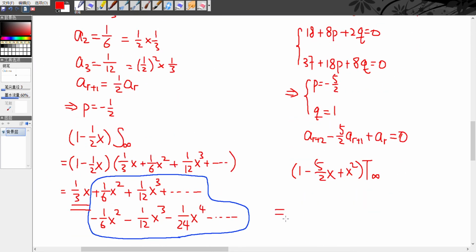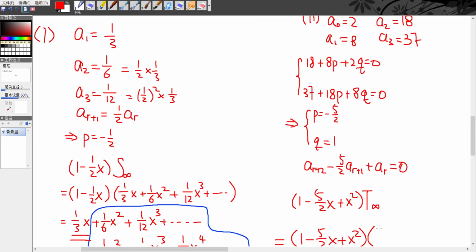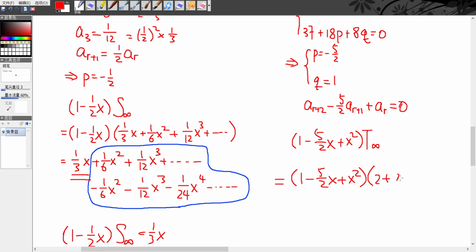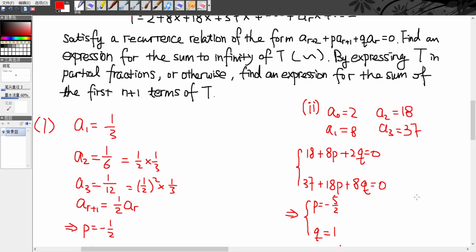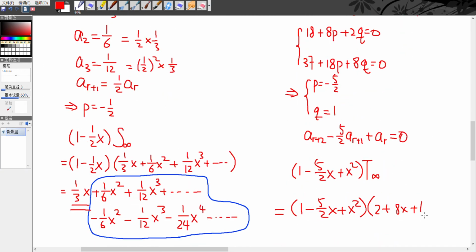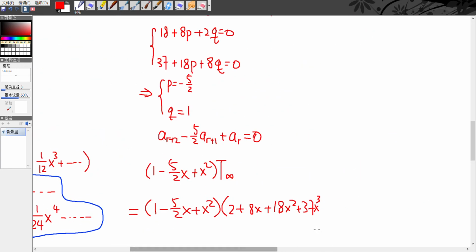So this actually equals 1 minus 5/2 x plus x squared times 2 plus 8x plus 18x squared plus 37x cubed plus all the way to infinity.